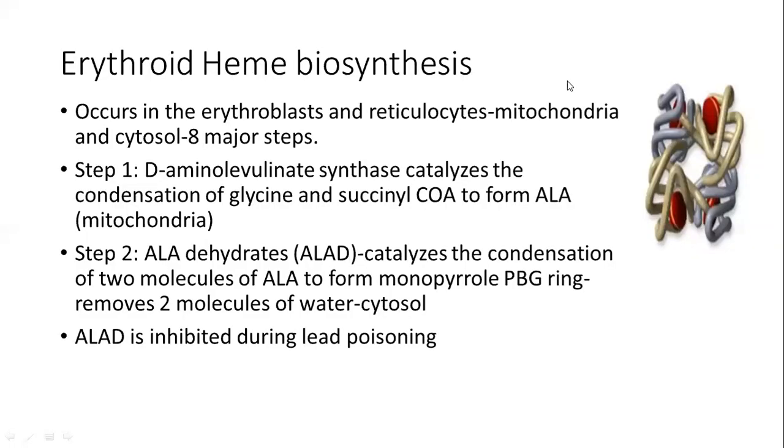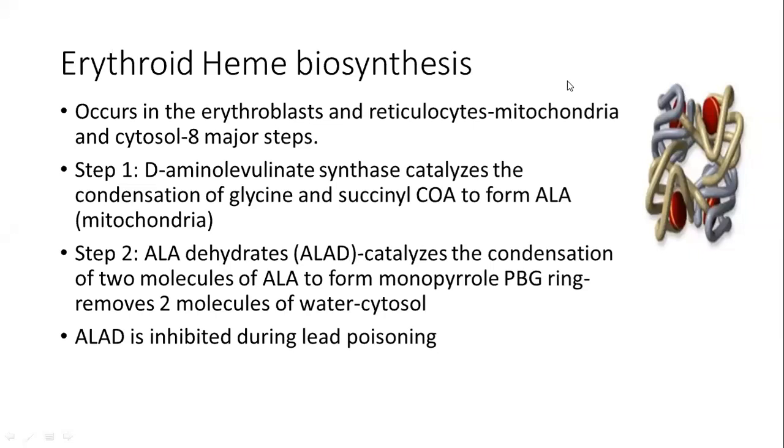The next step is when you have ALA occurring outside, in the cytosol, where ALA dehydratase catalyzes the condensation of 2 molecules of ALA to form a monopyrrole. Okay, this is the porphobilinogen ring.